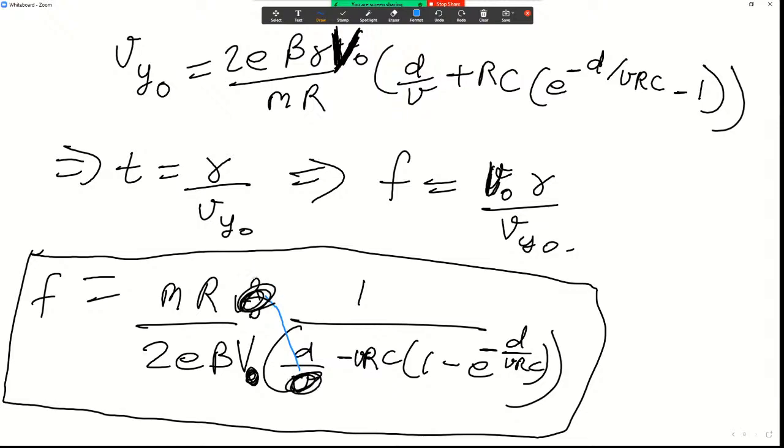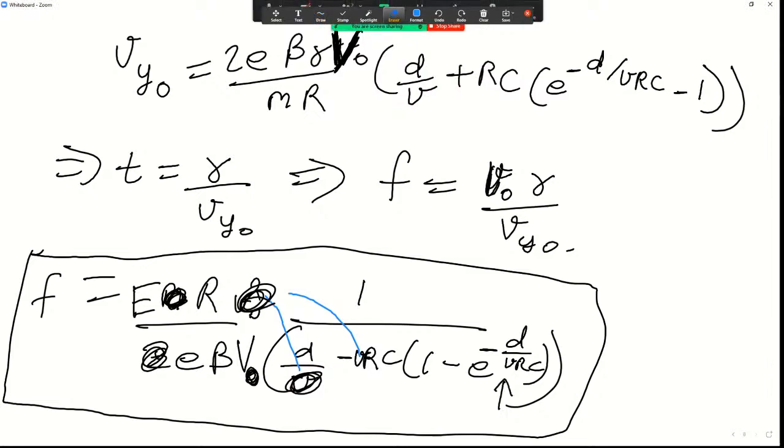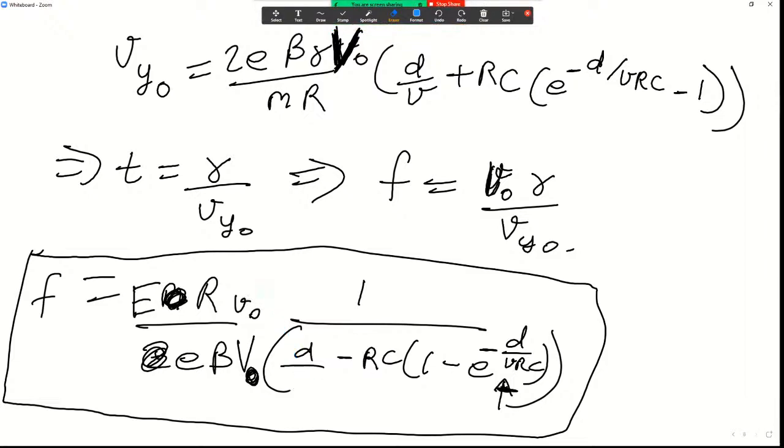So this would become E. But also we have velocity terms here. I guess that will go up too. And what about this? Oh yeah. I don't know how to do it like that.